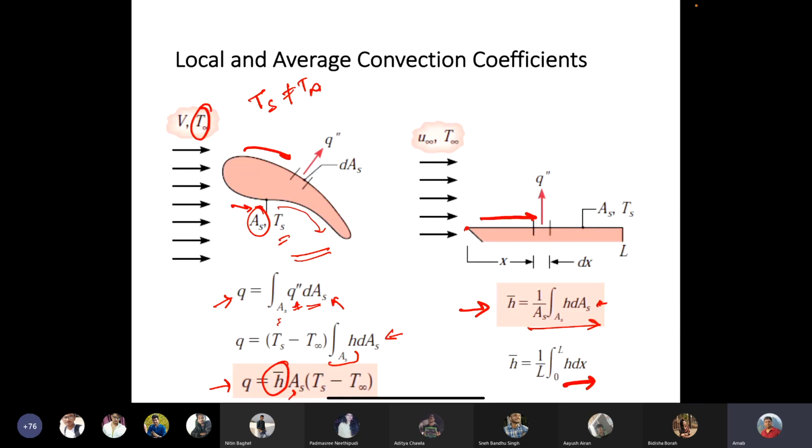So when there is a flow over a flat plate, for the average convection heat transfer coefficient we have a simplified expression, which is 1 by capital L, where capital L is the length of the flat plate, then we integrate the local heat transfer coefficient from 0 to L multiplied by dx.